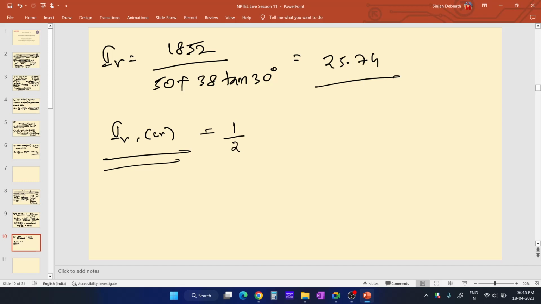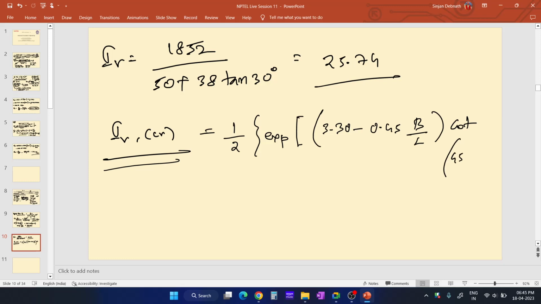It is half into exp, that is exponent, of (3.30 minus 0.45 B by L) cot (45 minus phi by 2).